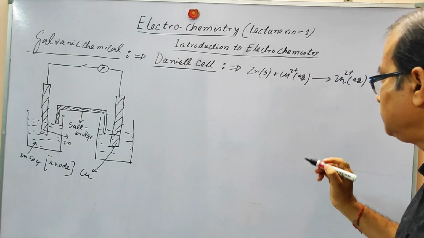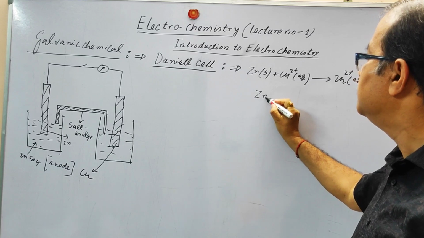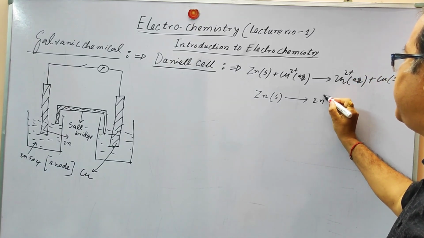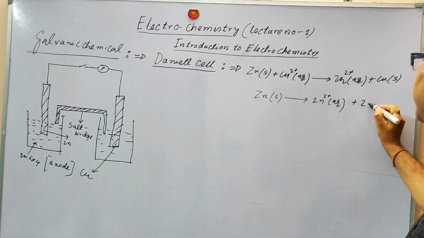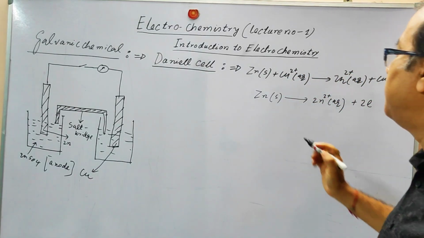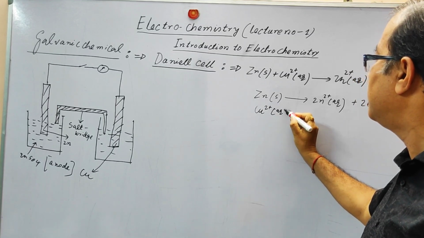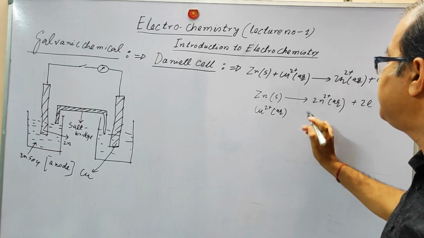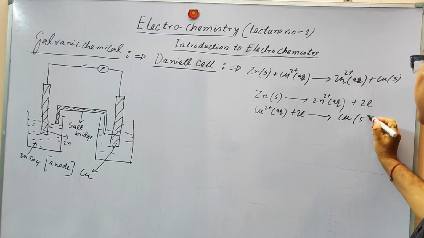First, the oxidation reaction: zinc loses electrons and becomes the Zn2+ aqueous ion, liberating 2 electrons. These 2 electrons are accepted by the Cu2+ ion in the aqueous solution, and it becomes copper metal.